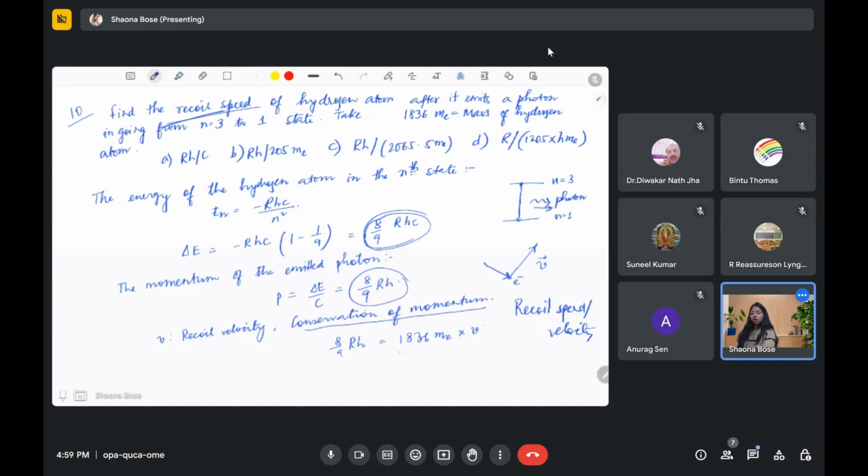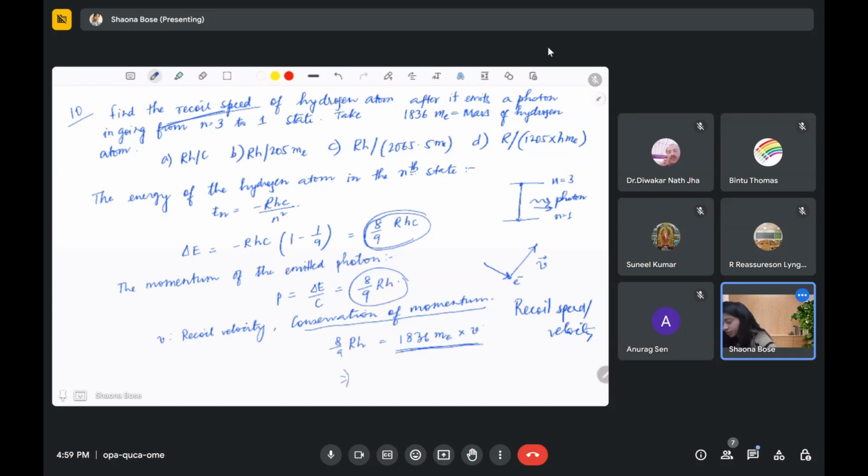Basically, the momentum of the hydrogen atom, if it goes in some other direction, will be equal to the momentum of the photon coming out due to the transition of the electron from the n is equal to 3 to the n is equal to 1 state.